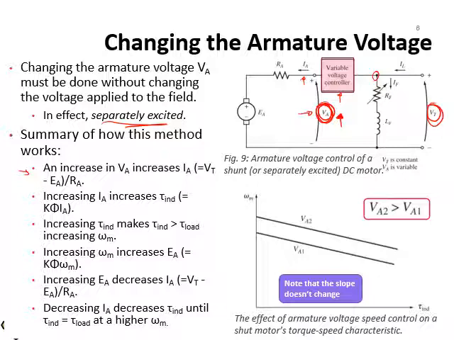This slide is wrong actually. It's supposed to be IA, I write it down here, equals VA minus EA over RA.